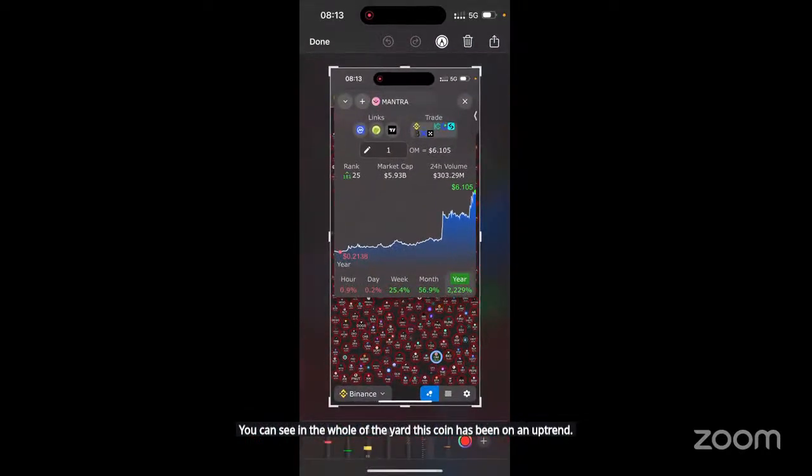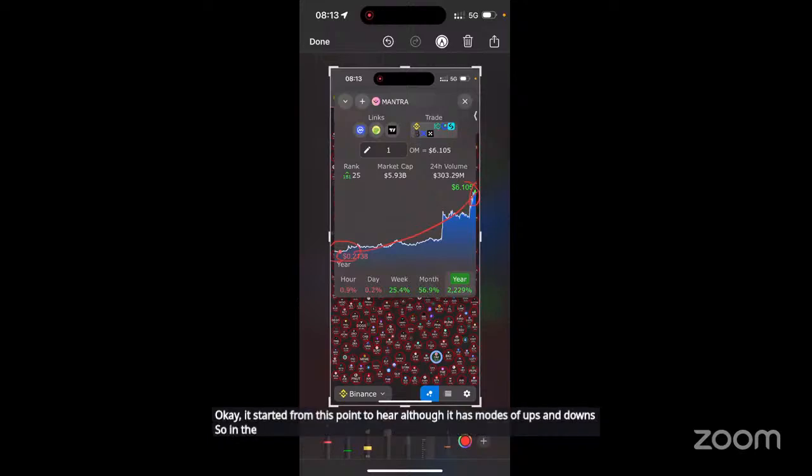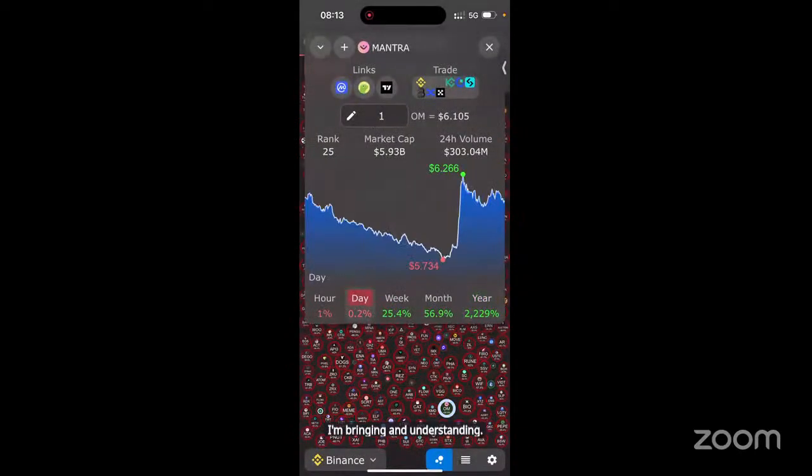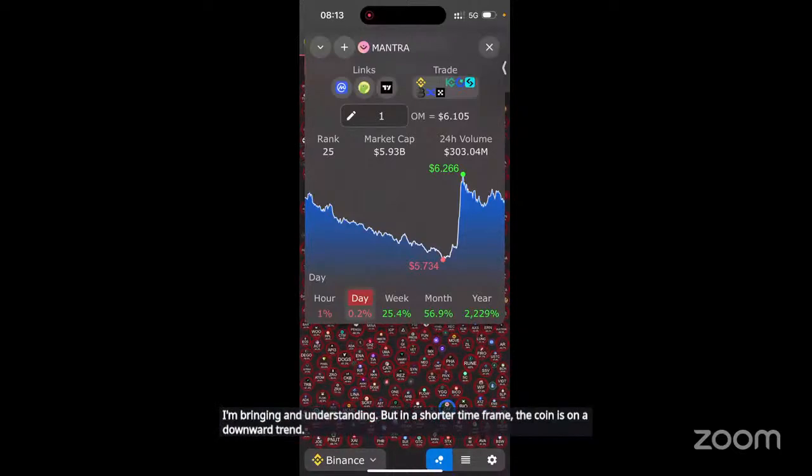It started from this point to here, although it has moves of ups and downs. So in the bigger time frame, the coin is on an uptrend. But in a shorter time frame, the coin is on a downward trend. That's what I'm trying to say.